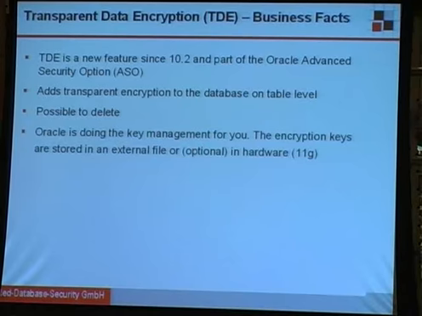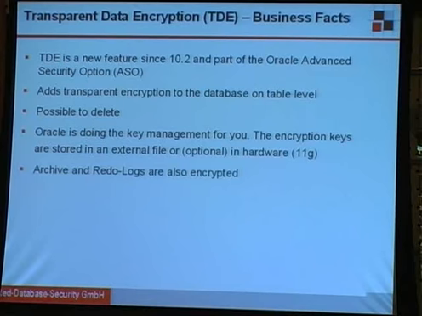The big advantage of transparent data encryption is Oracle is doing the key management for you. The encryption keys to encrypt and decrypt everything are stored in an external file, or in 11G it's also possible to use hardware. And all the archive logs and redo logs are also encrypted, so if someone steals the archive logs, everything is encrypted.